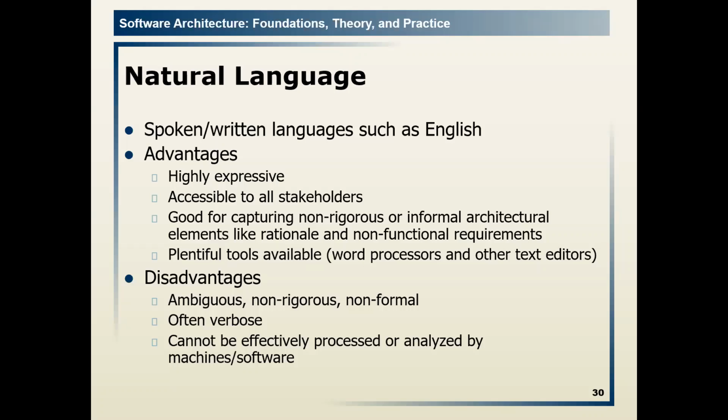Now, there are CASE tools, computer aided software engineering tools, that are now able to automatically create software code, right? So when you draw the diagram, it generates the code automatically. That kind of tool only supports pseudocode and diagrams.